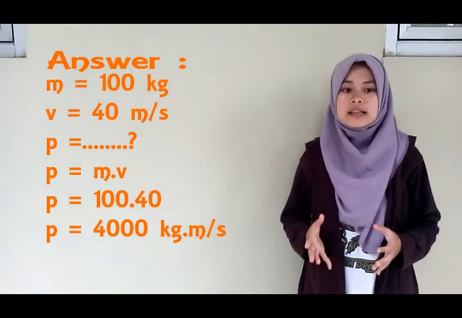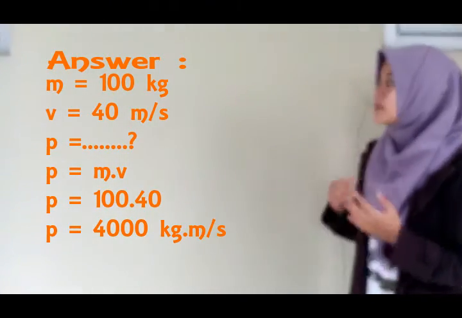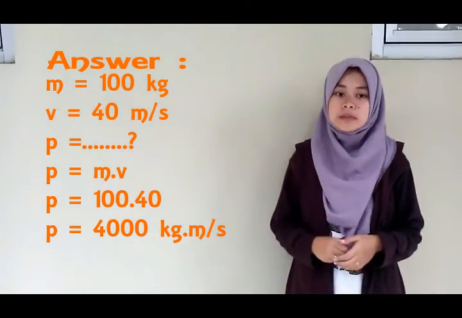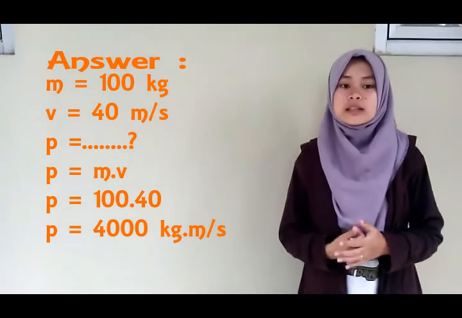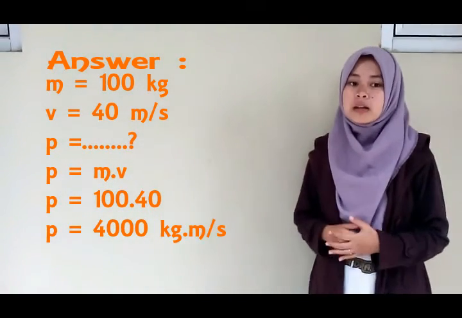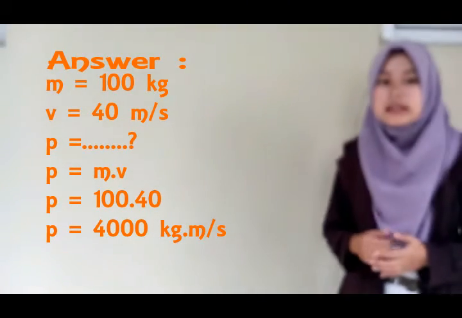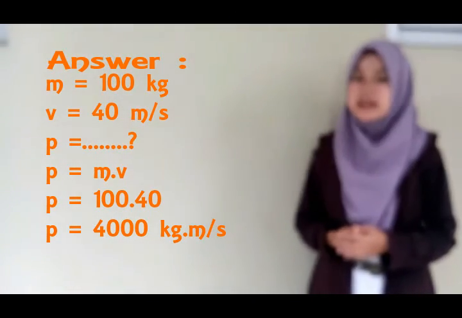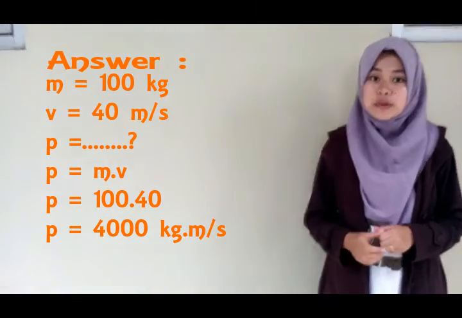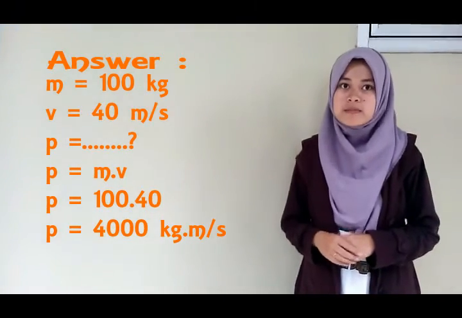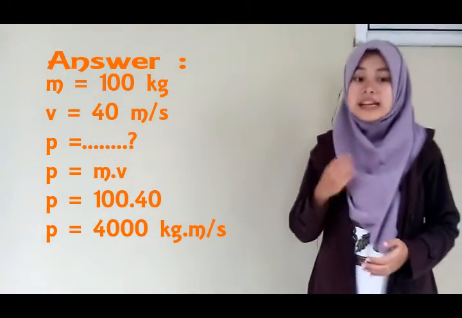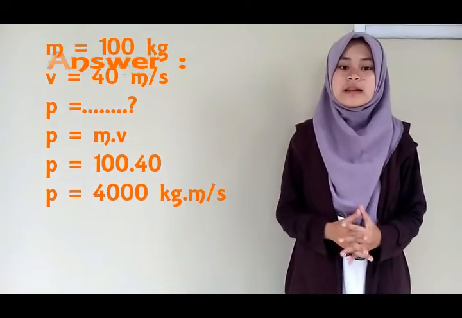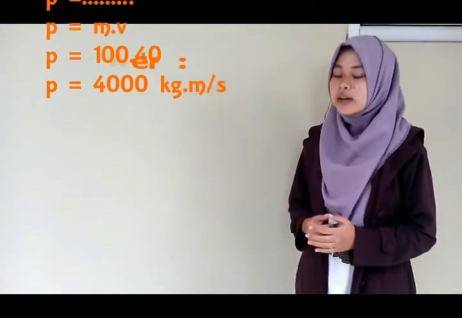Answer: the linear momentum formula is P equals m multiplied by v, and we can substitute m equals 100 kilograms multiplied by 14 meters per second. Inserting into the linear momentum formula, the linear momentum is 1400 kilogram meter per second.